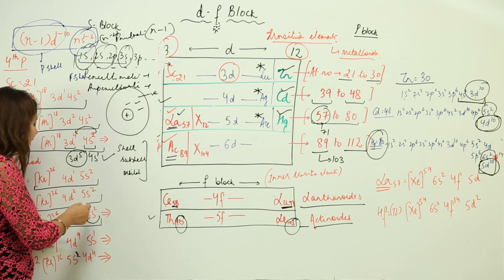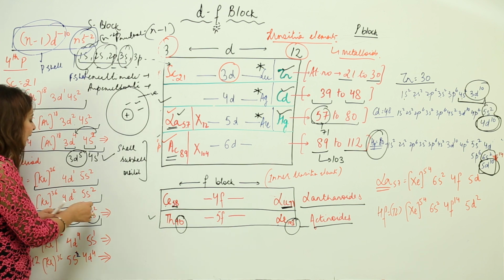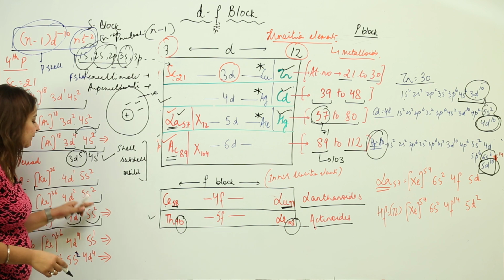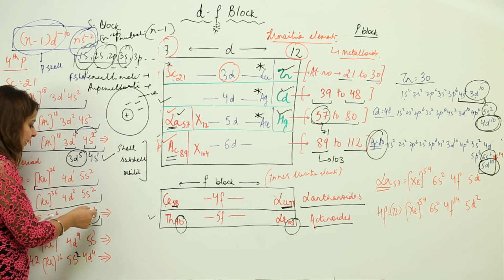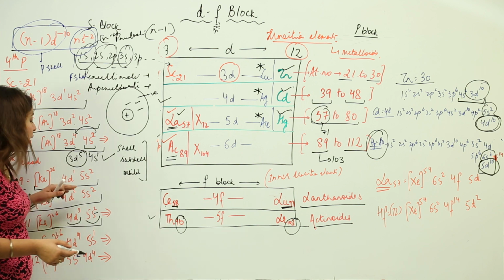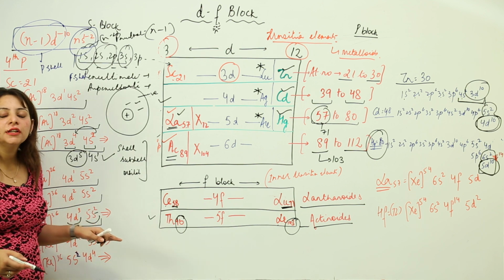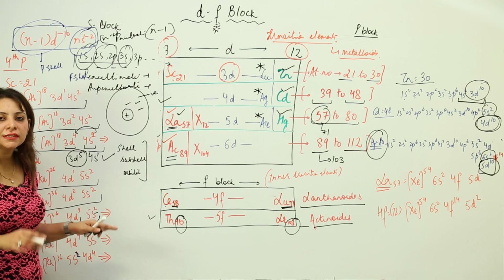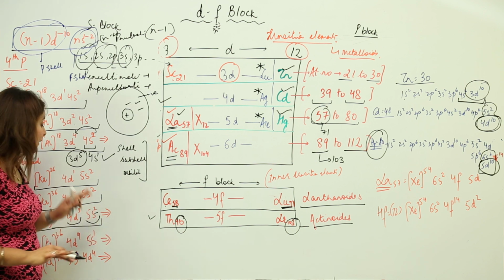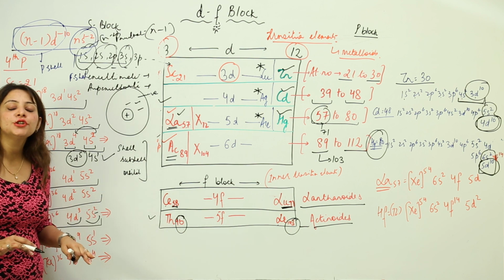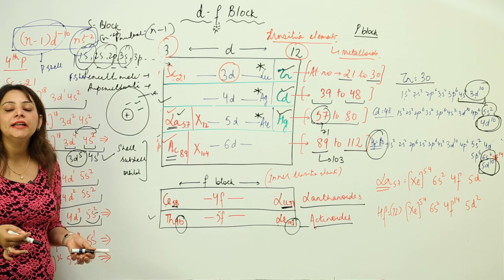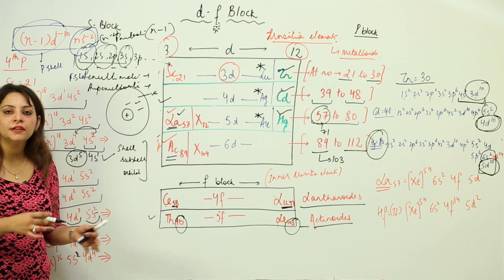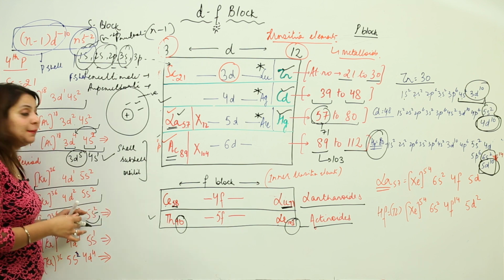So what happened, actually, is that you have been filling the electrons first into s and then into d, you know that. When we add one electron to 5s, it is actually stable. But when we add two electrons, the energy of 5s increases to an extent that it makes the element unstable.